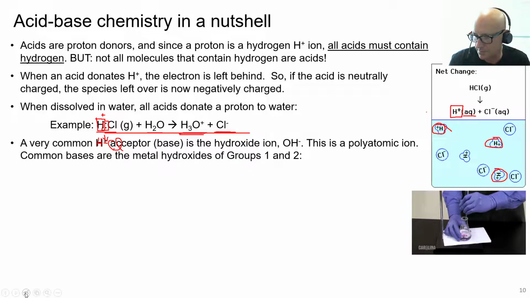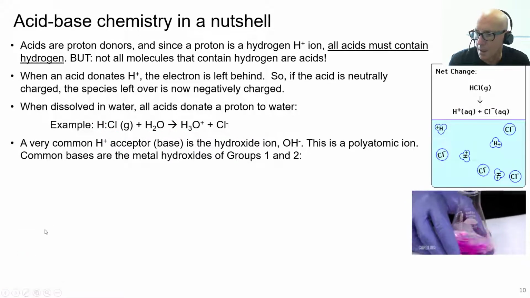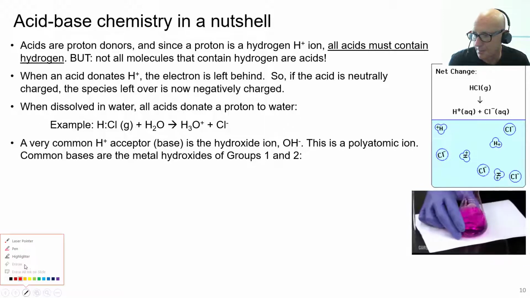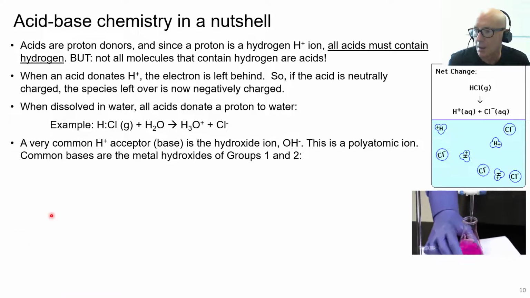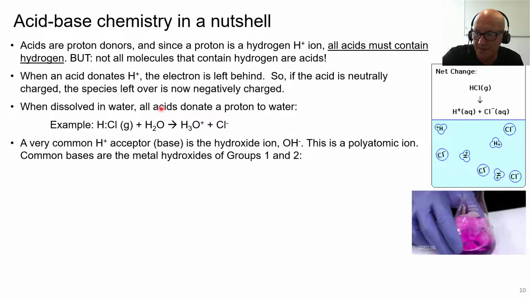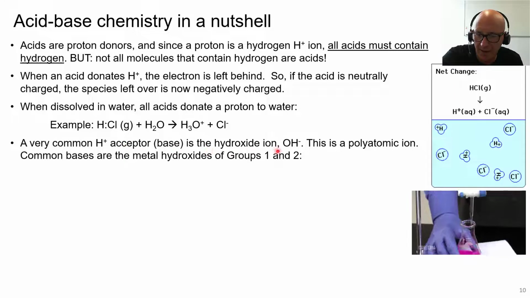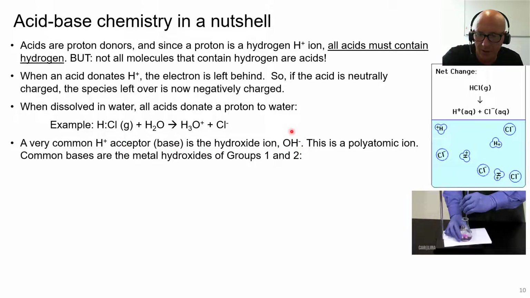Okay, now you're probably wondering about bases. Because if something's donating a proton, something has to accept a proton. These, by definition, are bases, and a common one is hydroxide ion.